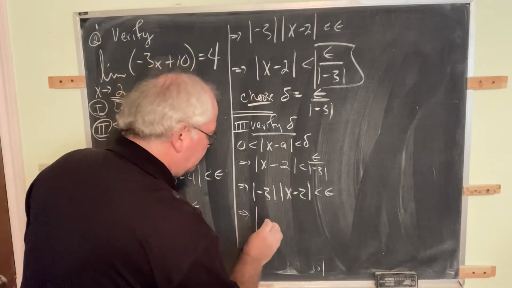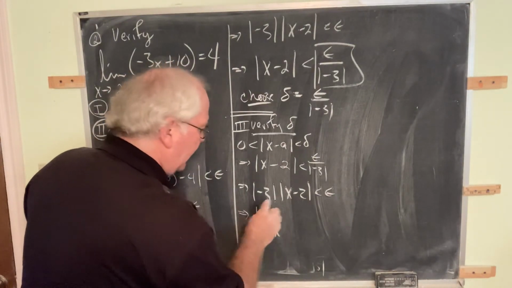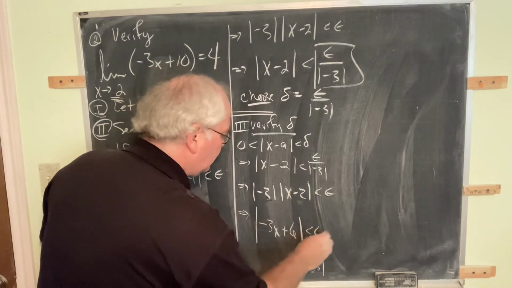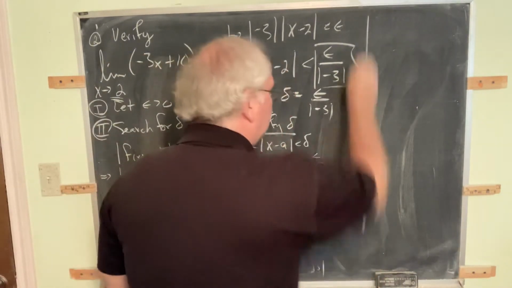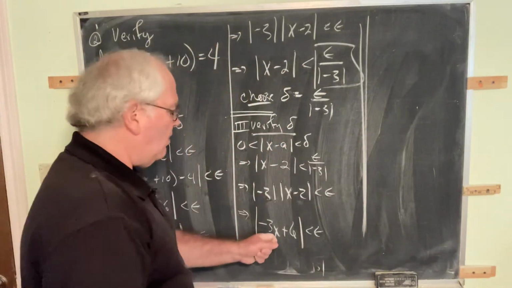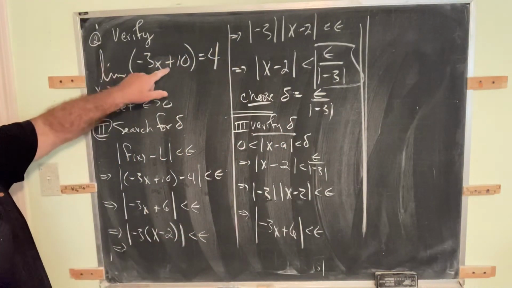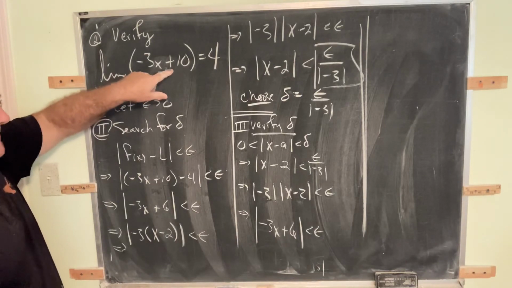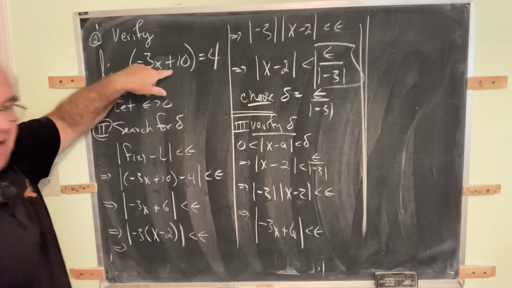So this is negative 3x plus 6. And then we don't want negative 3x plus 6, we want negative 3x plus 10, right? But if you add 10, you have to counterbalance that by subtracting 10.